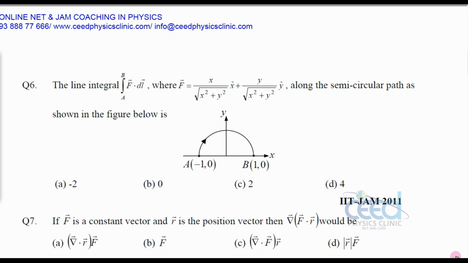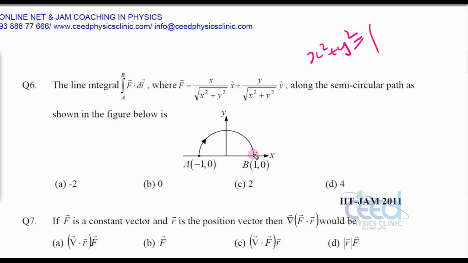So again we do this. In this case we have considered a semicircle, right? So I can say x square plus y square is equal to 1, because it is a semicircle of radius 1.